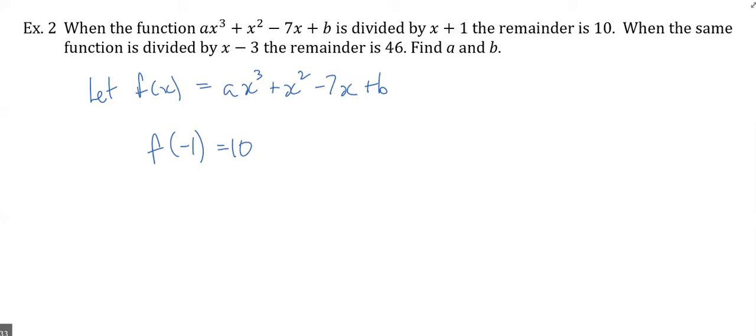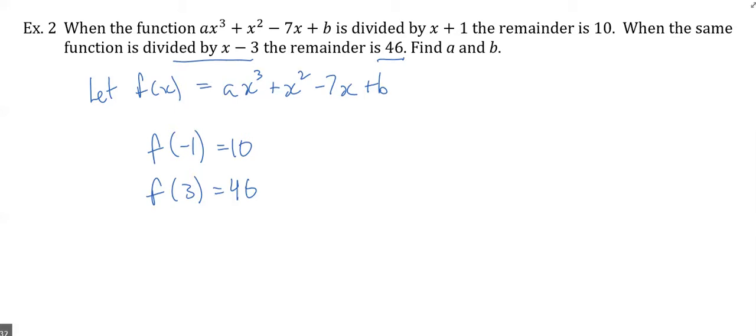Okay, and what else is it saying? Abdul? Saying f at 3 is 46. So if I divide by x minus 3, the remainder is 46, which tells me the value of this function at 3 must be 46.